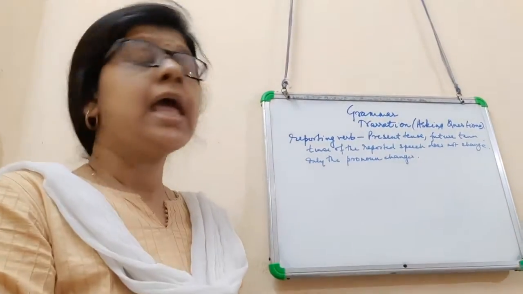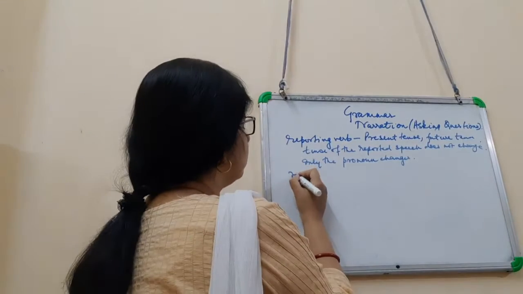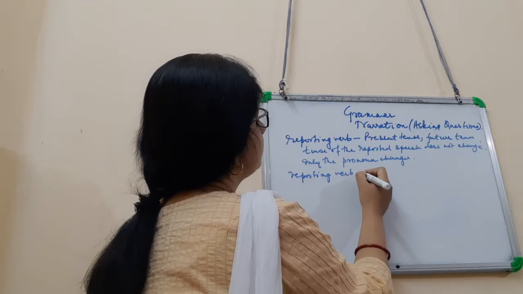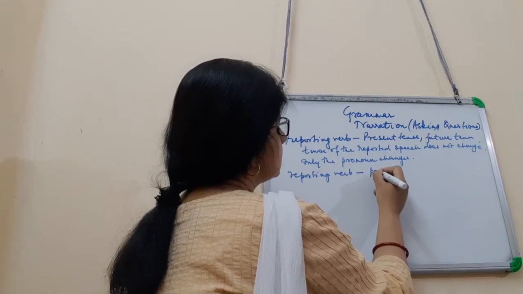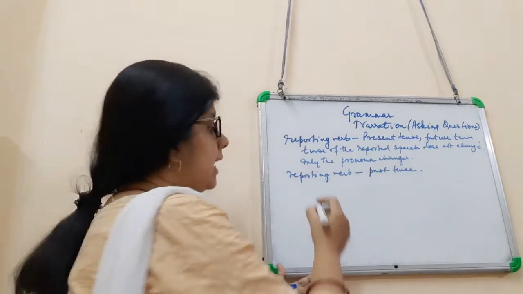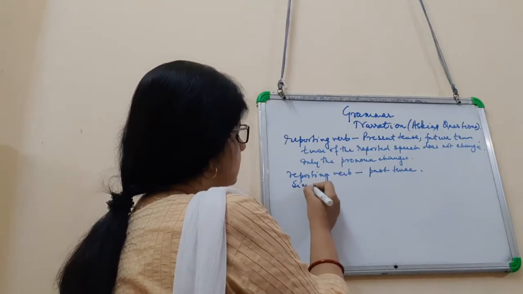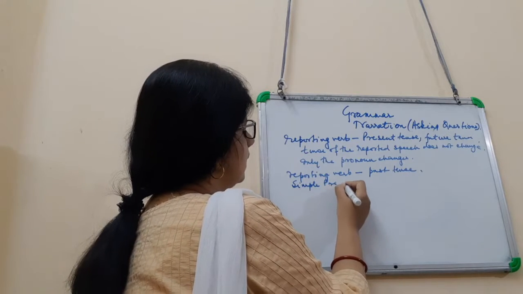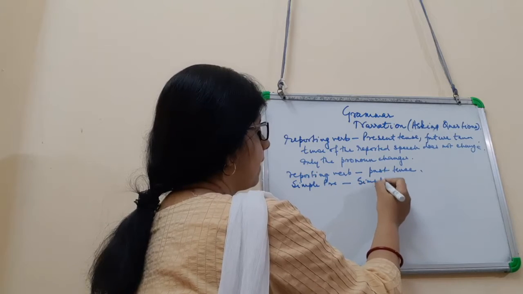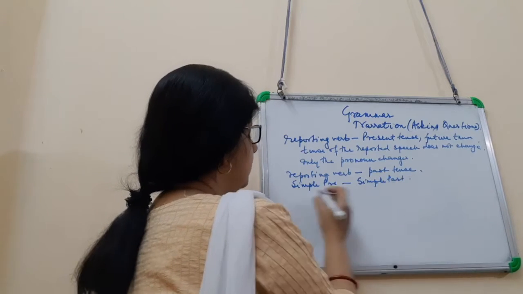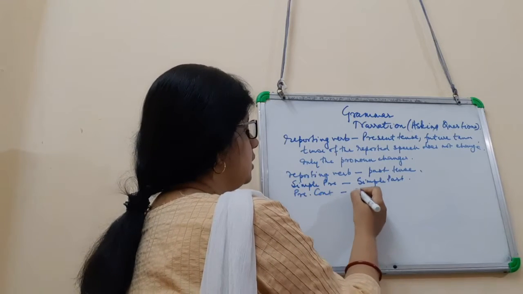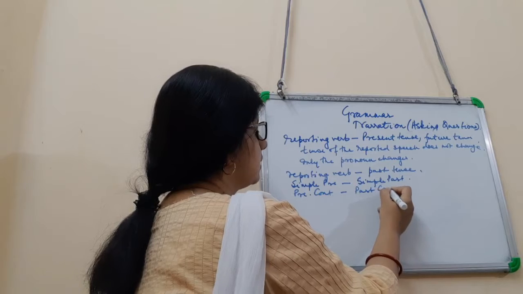But if the reporting verb is in past tense, then what happens? If it is in simple present, it changes to simple past. If it is in present continuous, it changes to past continuous.